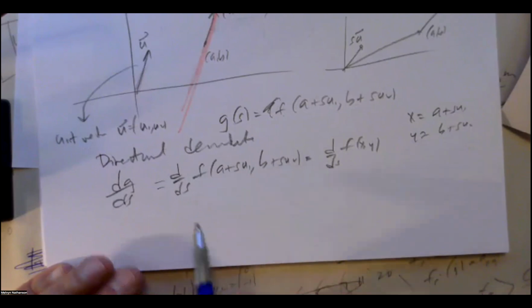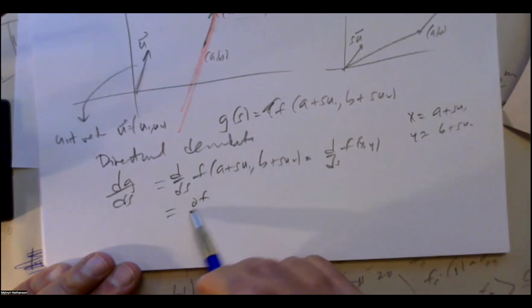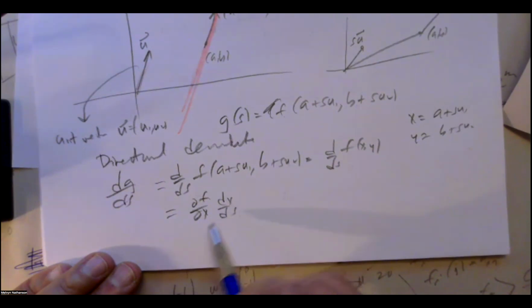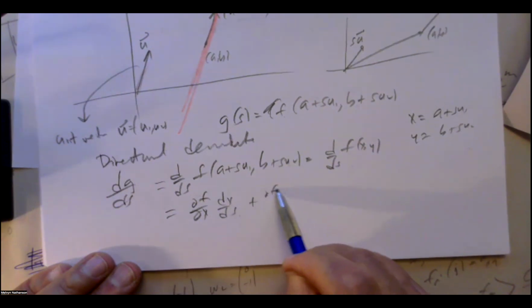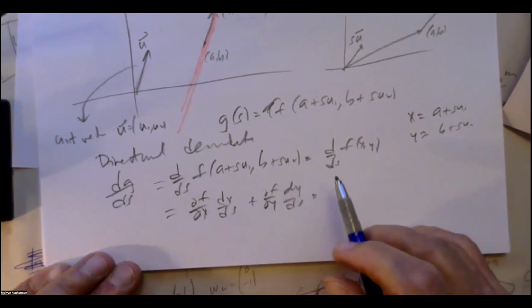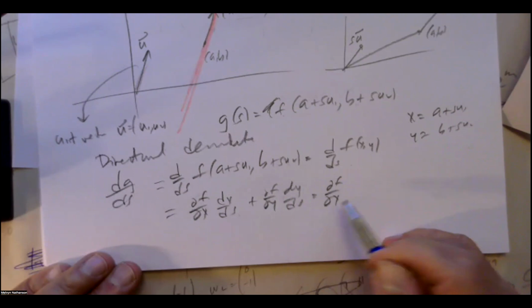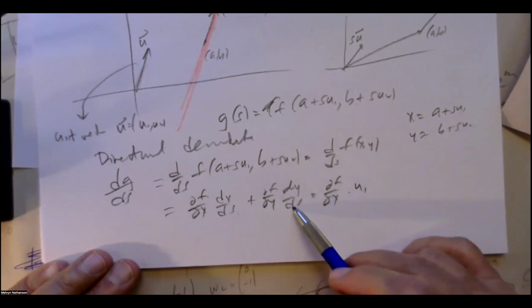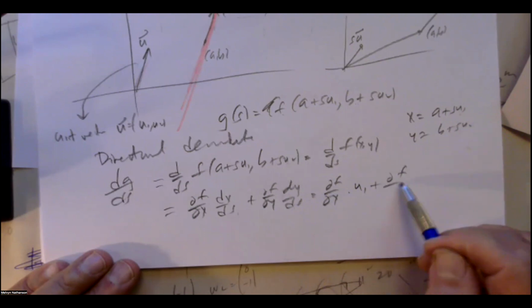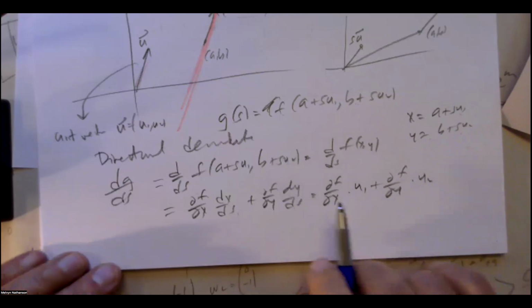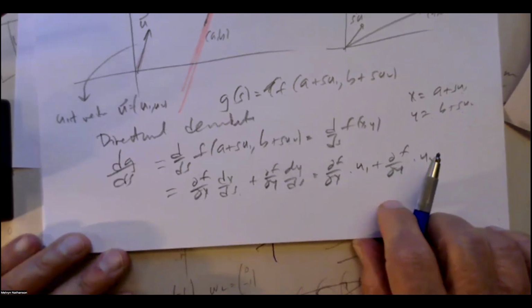So I apply the chain rule to this. This is the partial of f with respect to x, dx/ds, plus the partial of f with respect to y, dy/ds. That's the partial of f with respect to x, dx/ds is u1, and the partial of f with respect to y times dy/ds, which is u2. That's what it is.